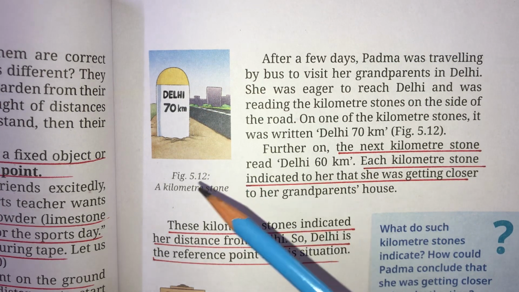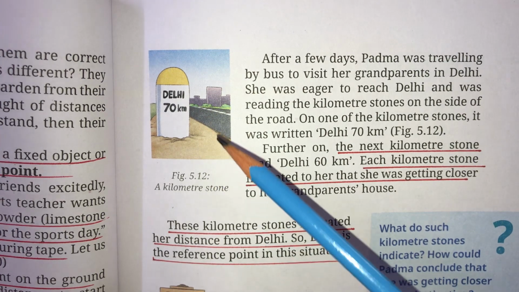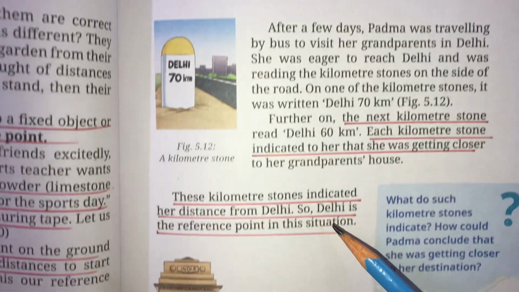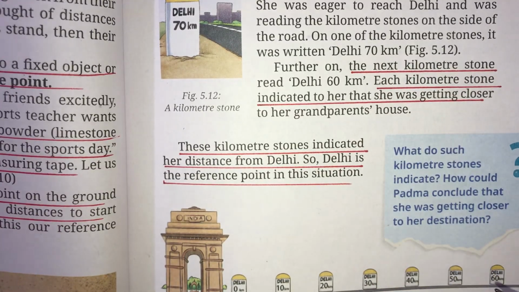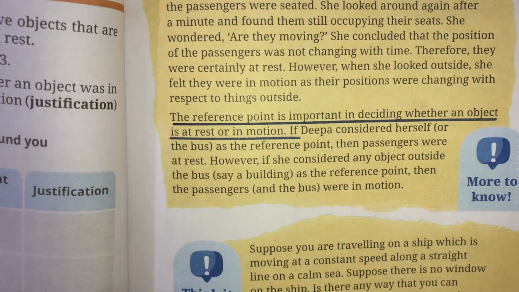We have to travel 70 kilometers to touch Delhi. The kilometer stone indicates the distance from Delhi. So Delhi is the reference point for this situation. We are 70 kilometers away from Delhi.